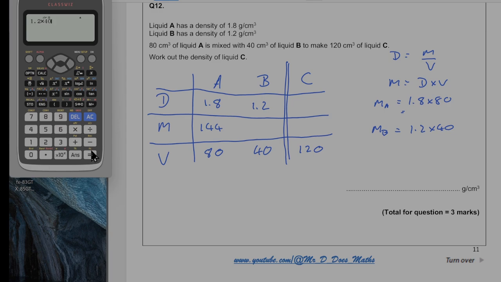And that gives us 48, making their combined mass 192. So as we said, that density of C is going to be equal to mass divided by volume, so 192 divided by 120. So divide that by 120 gives us 8 over 5, which is going to be 1.6. Over and got our unit.